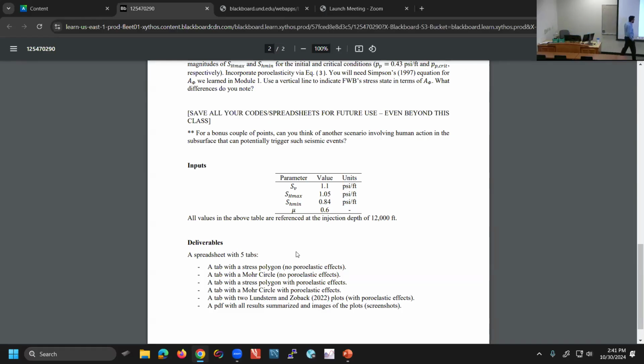And then you have another tab with the two alpha phi versus stress plots. It's better to have them together in the same tab. Now, if you want to make it a sixth tab, I'm still okay with it. Just make sure the TA knows he's not going to take points off if you make it 6 tabs instead of 5, as long as you have all the deliverables. And then the PDF summarizing everything with screenshots.